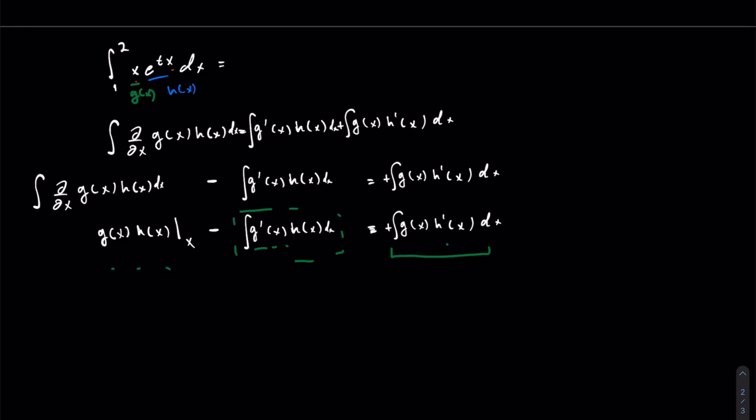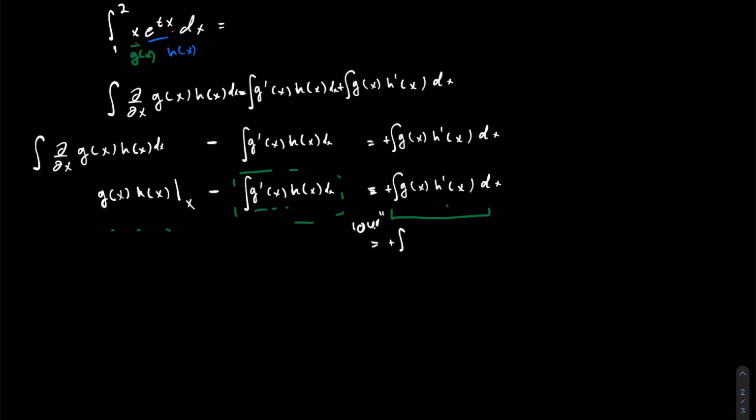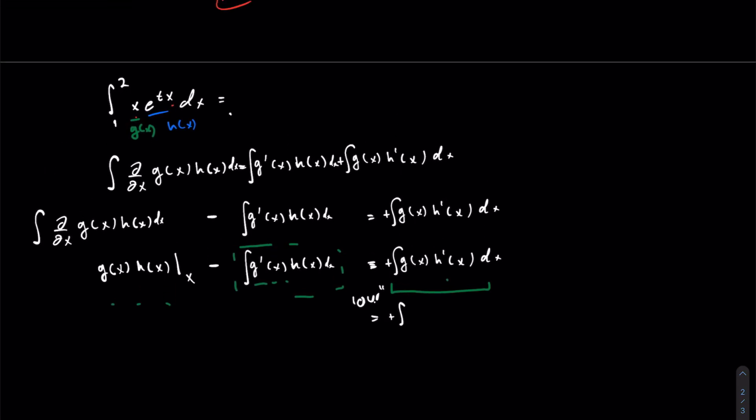So now this equality just follows from what we have here in this expression. Mapping it now, the derivative of g of x, so of x, is just what we said, x, and that's just 1, times e to the tx.